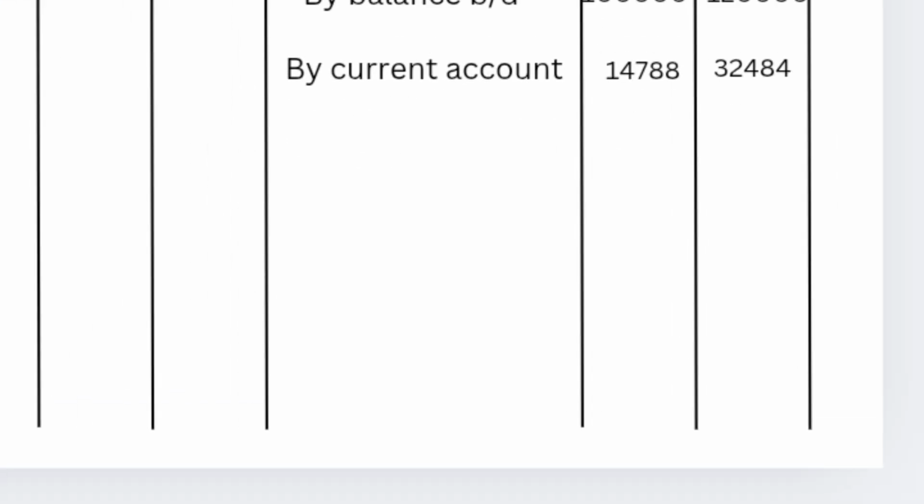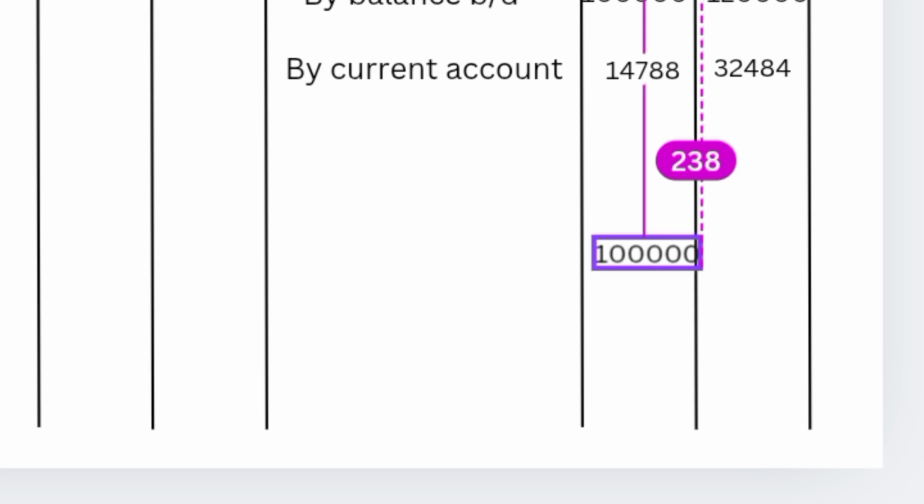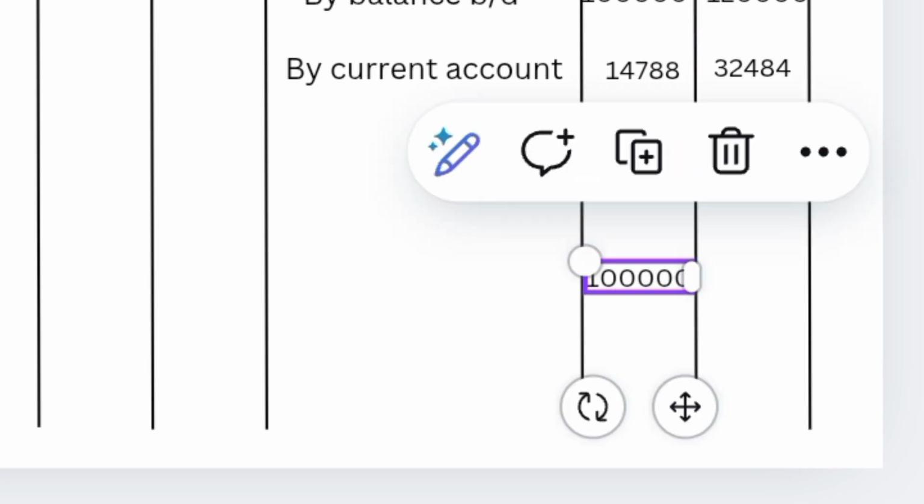Total amount: 1 lakh plus 14,788 is 1,14,788 for John.